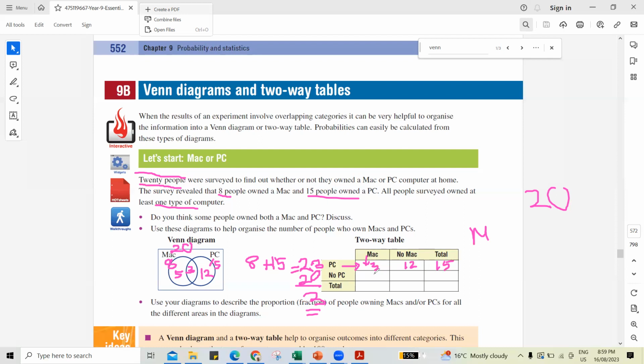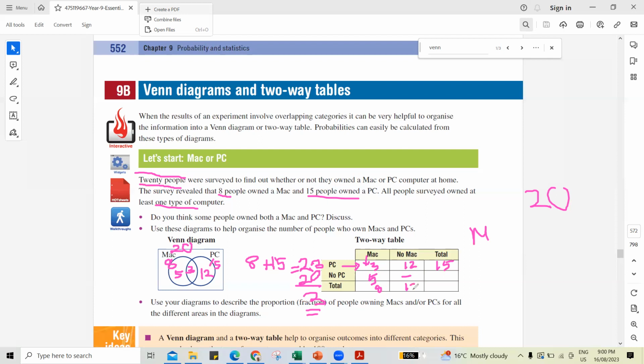And here, in this column, Mac computer and PC, 3, the equal area. And only Mac is 5. When you add this together, 8. No Mac, no PC, that means outside, it's 0.